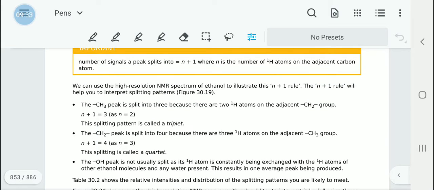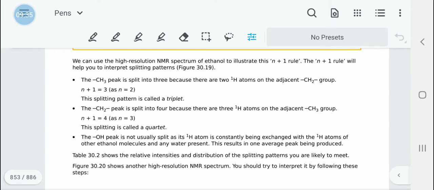Now when you take ethanol as an example, we have to use the n plus 1 rule to find the splitting pattern. The chemical formula is CH3 CH2 OH.